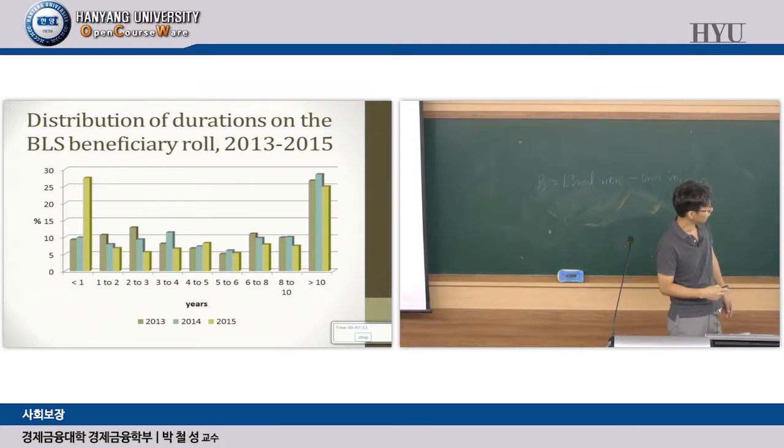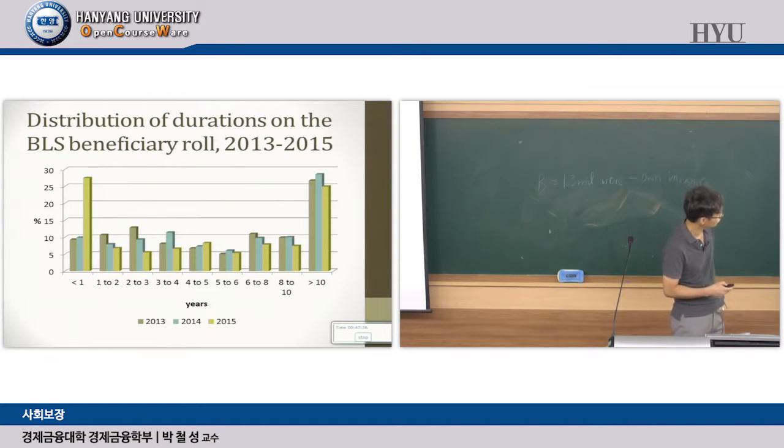And in Korea's case, as you can see, lots of them are actually very long-term welfare recipients, more than 10 years. About 1/4 are long-term recipients, which means 3/4 are short-term recipients.